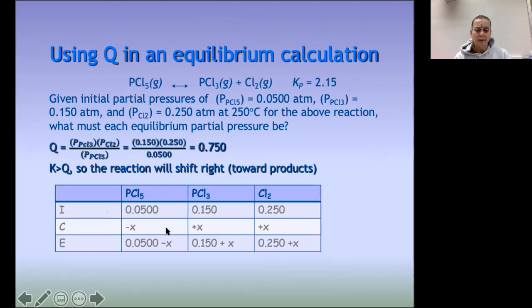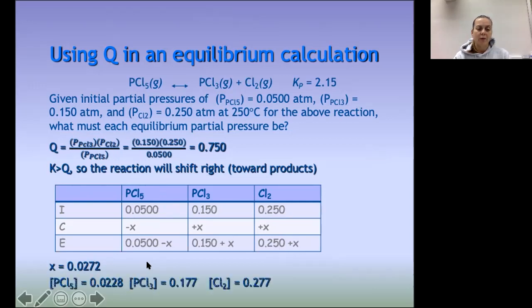So this would be minus X, and then each of our products is gaining X. And so we can set up our equilibrium, and now we're simply going to plug that into our K expression. This is Q, but same expression. And we're going to solve for X. And we find that X is 0.0272. And from that, we're able to find the pressures of each of our species at equilibrium.